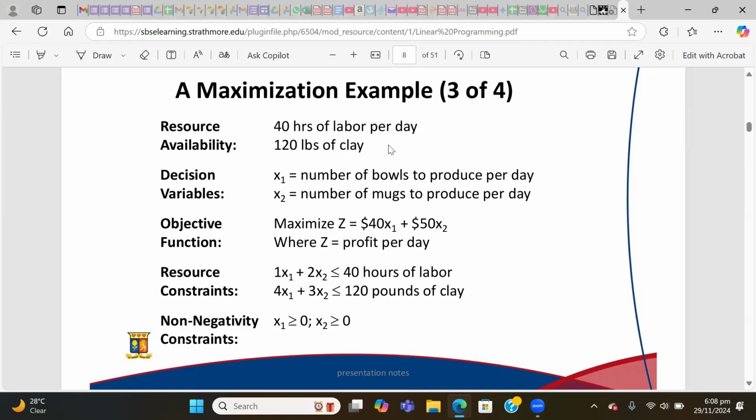So we declare some variables. We're letting X subscript 1 be the number of bowls they can produce per day. X subscript 2 is the number of mugs to produce per day.